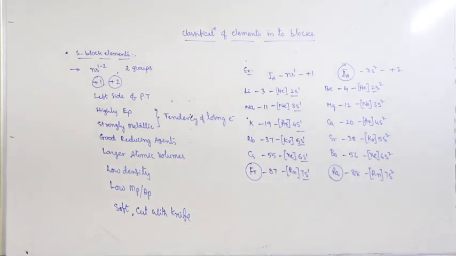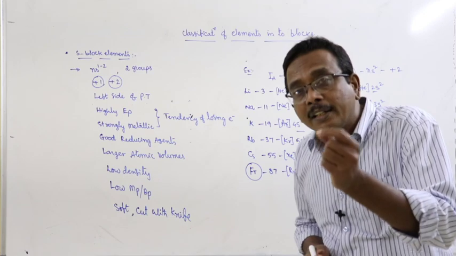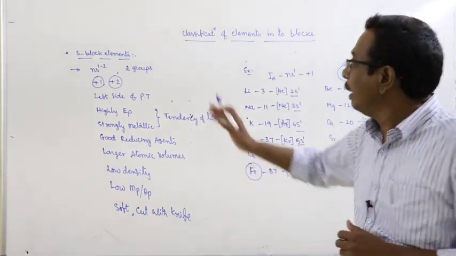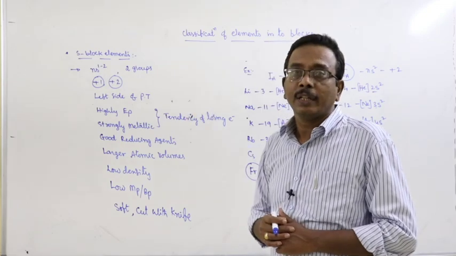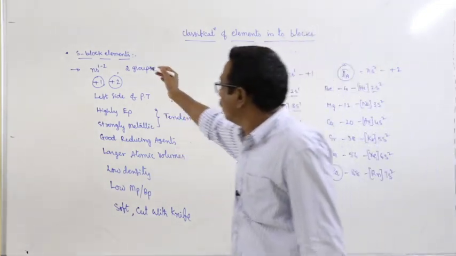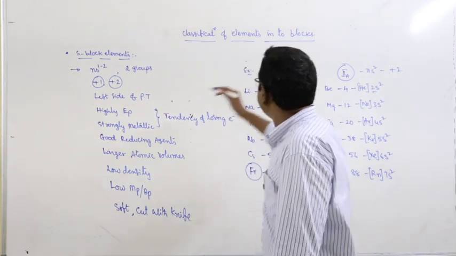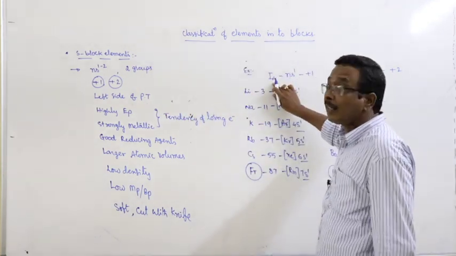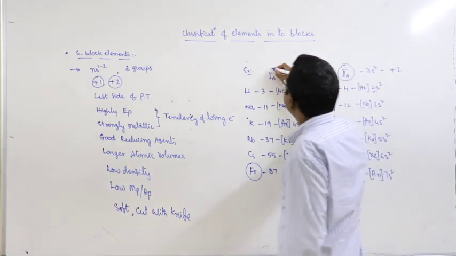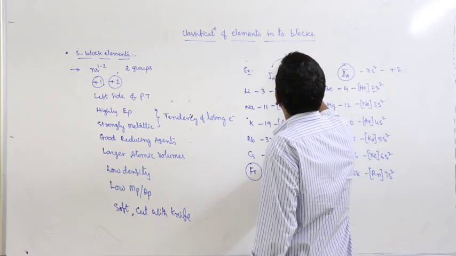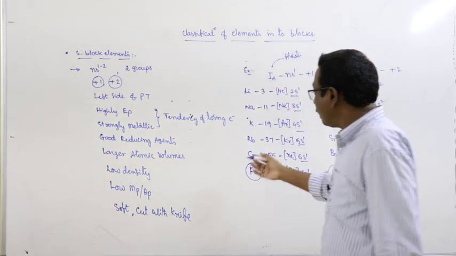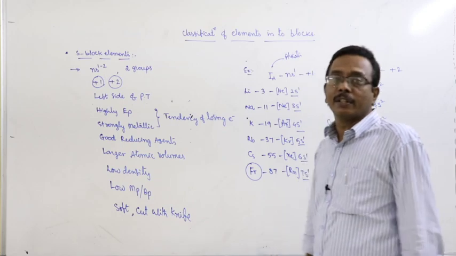What is the general electronic configuration of S block elements? ns1 to 2. Number of groups present in the S block in the modern periodic table: 2. What is the general oxidation state of alkali metals? +1. Here, what are alkali metals? First A group elements are also known as alkali metals, and they are strongly basic in nature.